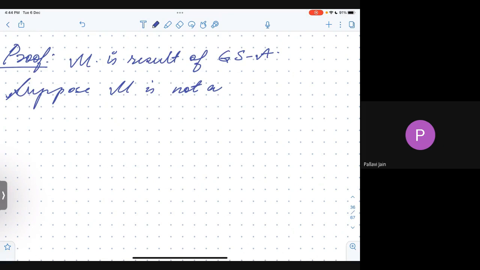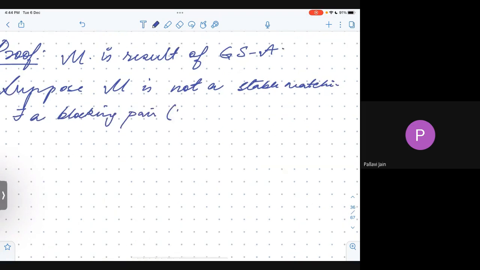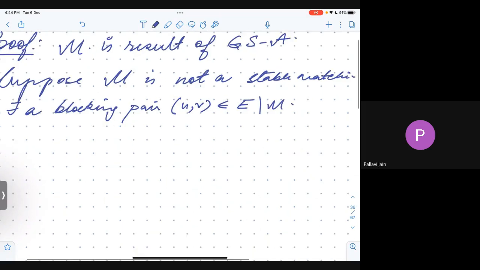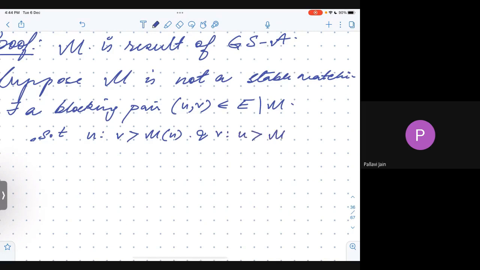So M is not a stable matching means there exists a blocking pair, right? This is the only definition of stable matching we know so far. So U, V such that U prefers V over whoever his match partner is in M, and same for V, prefers U over its match partner in M, correct?